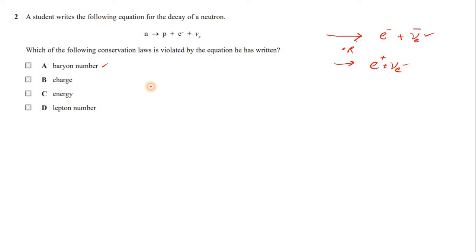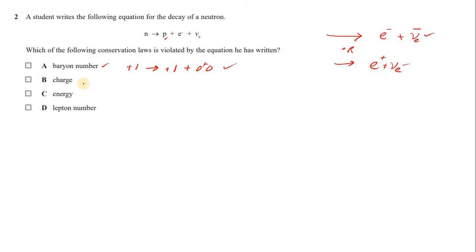Let's check baryon number. The baryon number of neutron is +1, arrow, baryon number of proton is +1, and the baryon number of electron and electron neutrino is 0 and 0. So +1 before and +1 after, so baryon number is conserved.